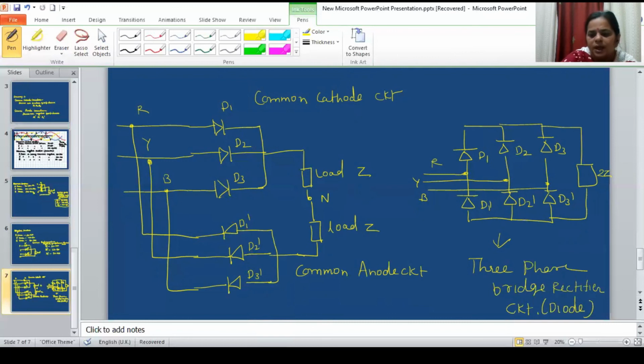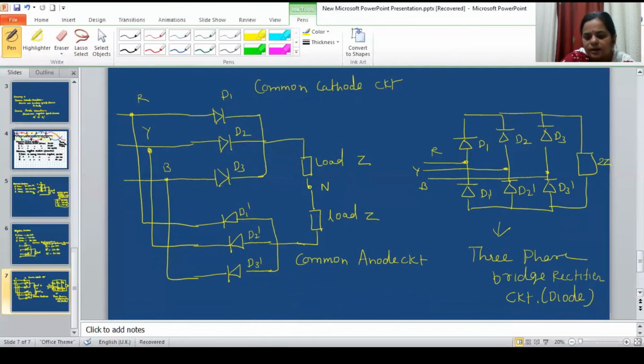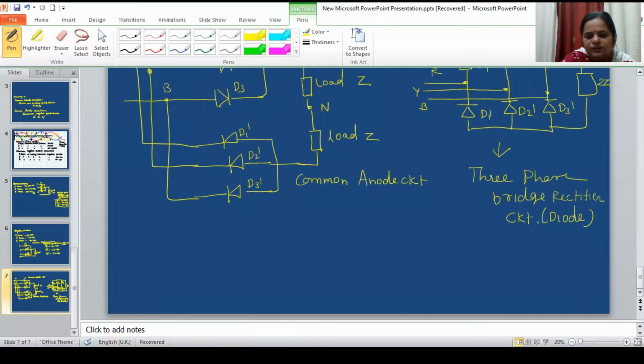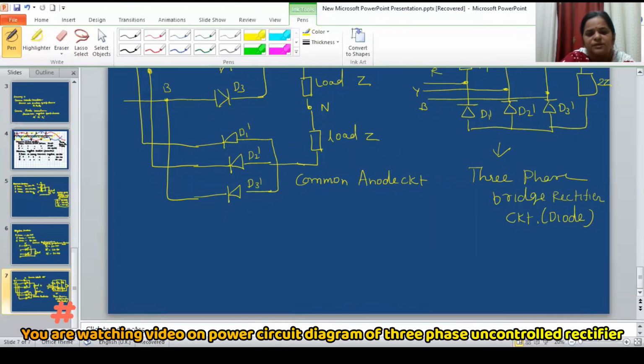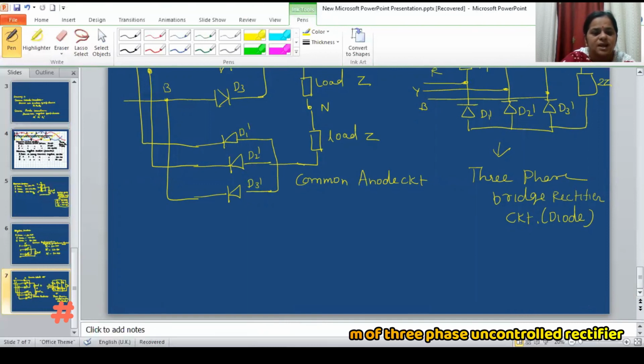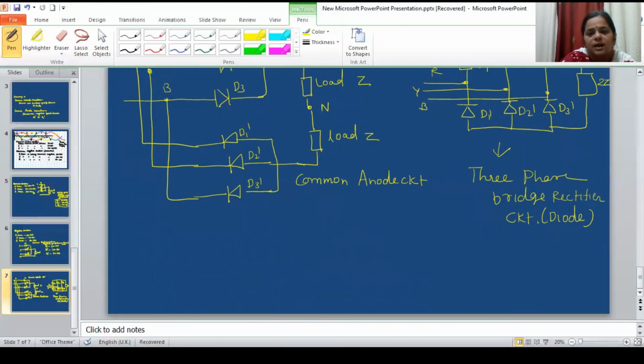A diode-based three-phase rectifier is an uncontrolled rectifier, and if we make the same rectifier circuit based on SCR, it will be a controlled three-phase rectifier circuit.